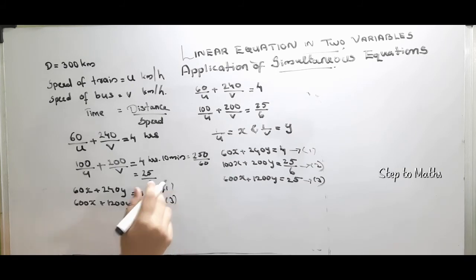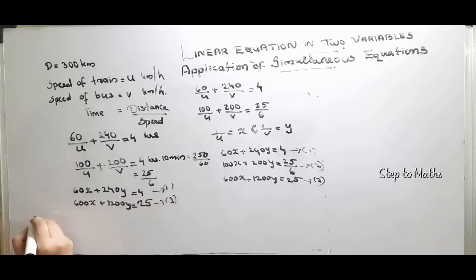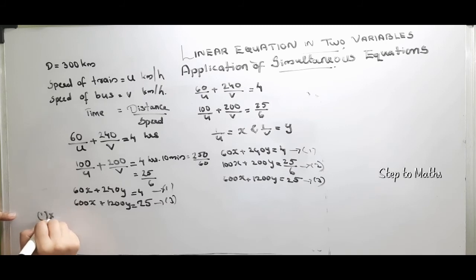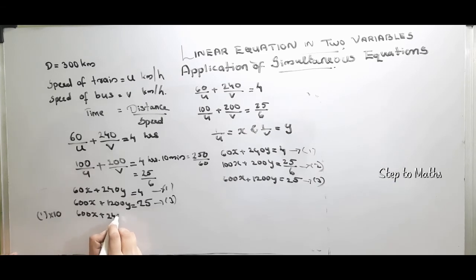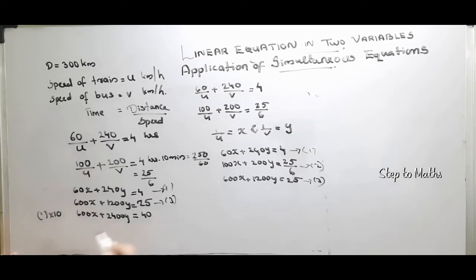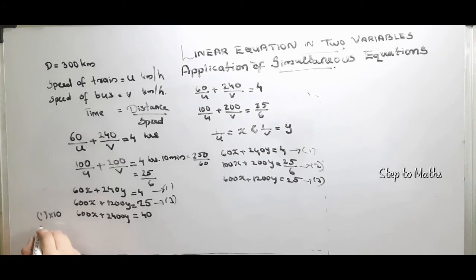If we multiply equation 1 by 10, equation 1 becomes 600x plus 2400y equal to 40. Equation number 4.